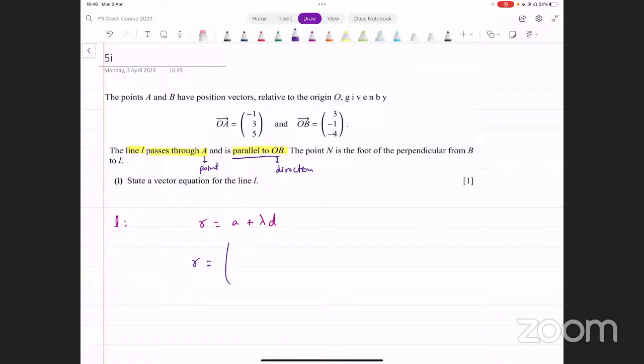So in place of A here, you can input -135. Plus lambda into D. In place of D, you input this, which is 3 minus 1 minus 4. And that gives you the direction of the line, the equation of the line that you're looking for. Okay, that's the equation of the line.